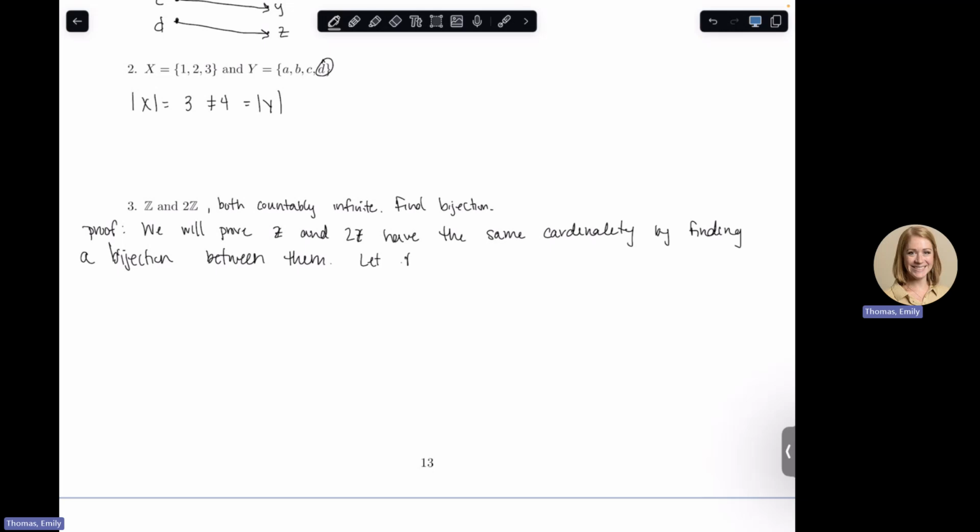Let f from Z to 2Z be a function defined by f of x equals 2x. So what we're going to do is show that that is both 1-to-1 and onto.